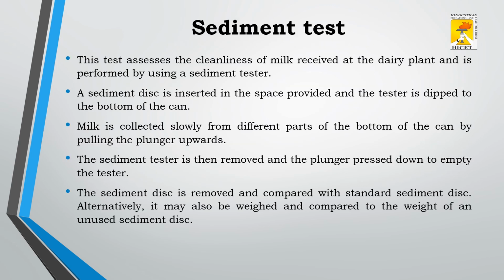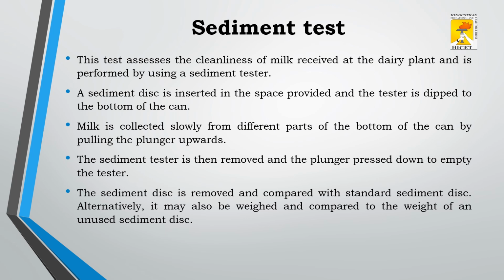And the sedimentation test. The sedimentation test determines the quality of the raw milk at the farmer level or during inspection. It determines whether the milk is in good condition or contains any dirt or any kind of solid particles.